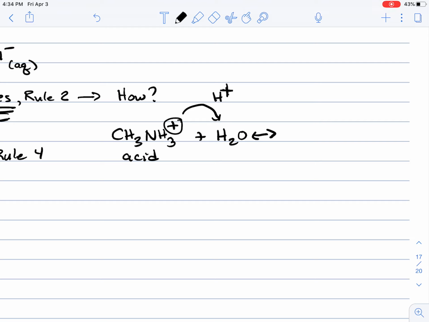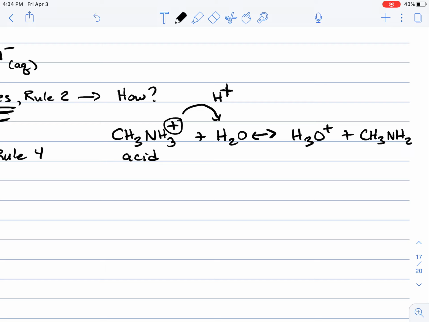Technically, water in this scenario is going to be our Bronsted base, while methyl ammonium is going to be our Bronsted acid. The result is going to be H3O+ and methylamine, CH3NH2.